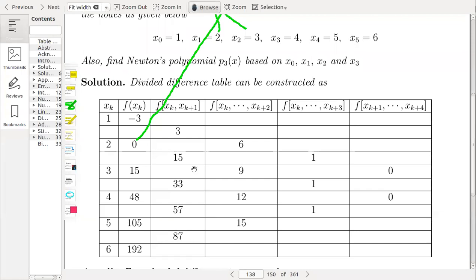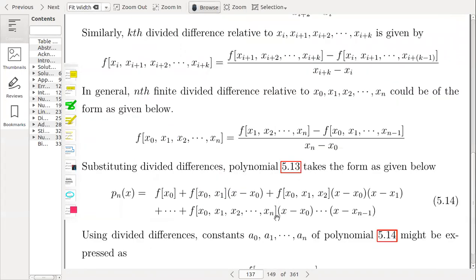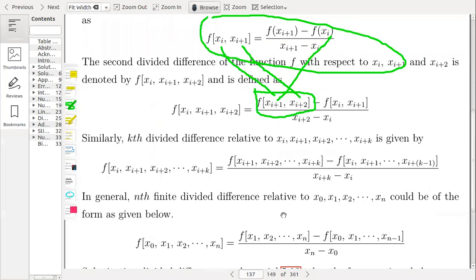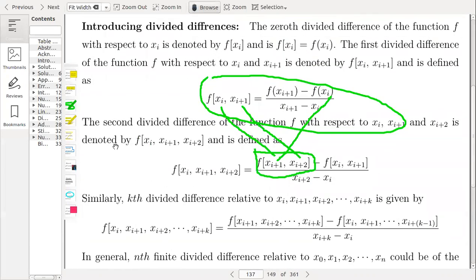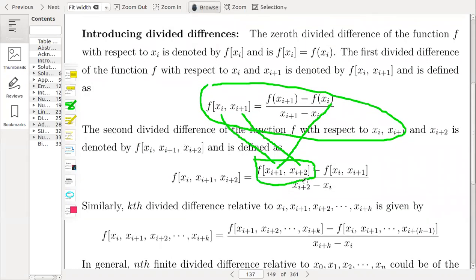Now the first divided difference is calculated. And we will calculate the second divided difference. For the second divided difference, we use the first divided difference to calculate it, as just observed in the definition. So this is the second divided difference.